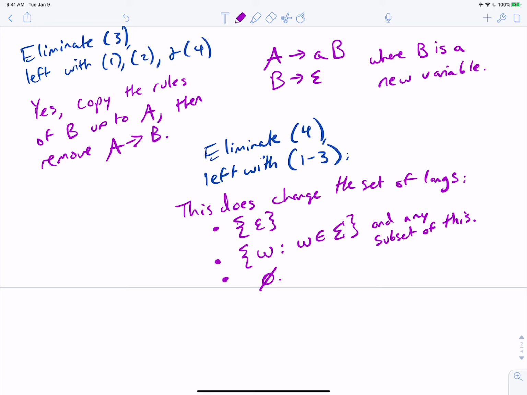Because I could have a bunch of rules that make a single character, and say like if I have characters A, B, and C, I could generate A with one, B with another, C with another, but I can do any subset of that if I want to. I can't get strings of length 2, definitely. But these are the only languages I can get. Any questions about that? That's actually an interesting exercise.